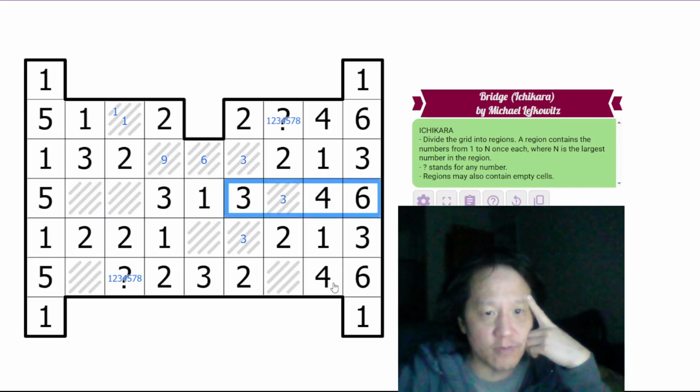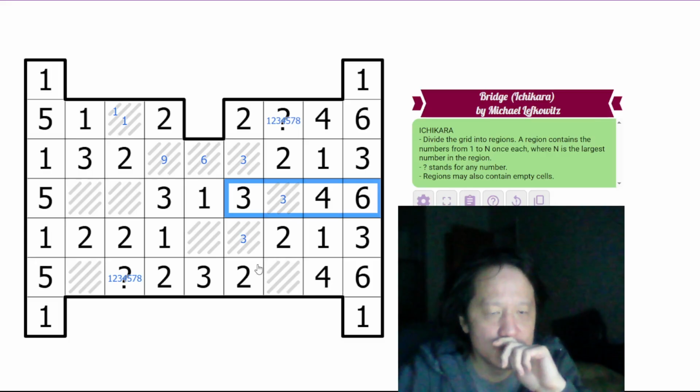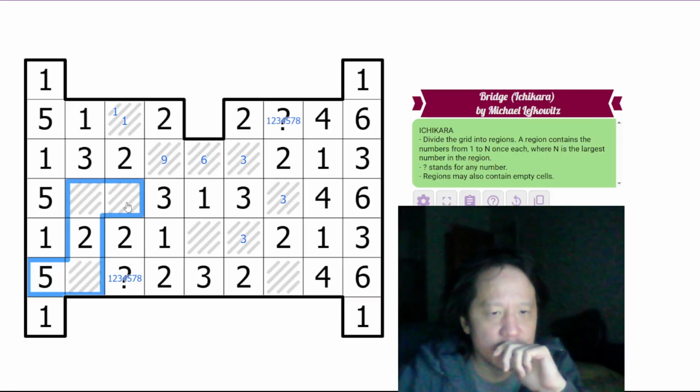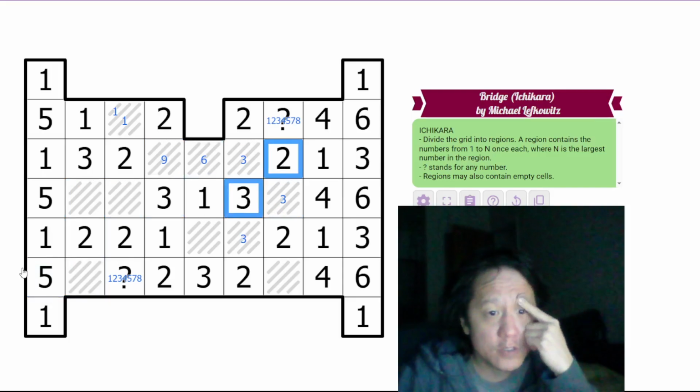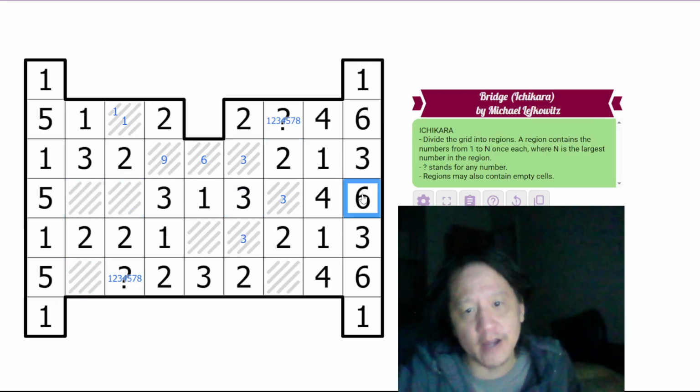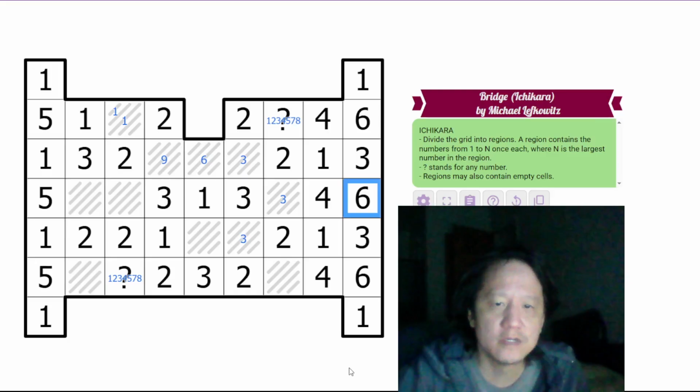Is that even possible? I think the answer to that is no, right? The least amount of digits would be 2, 3, but then it's blocked by 3 and 2. So I think this 5 can never access a 6. So therefore, we need a 5 in one of these question marks, and this is likely to be 4.